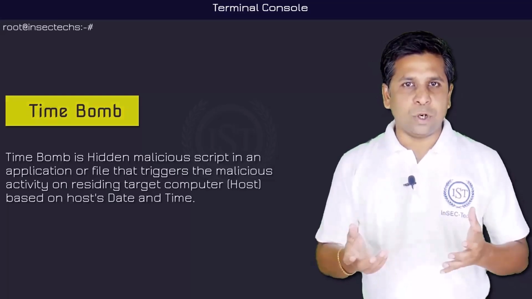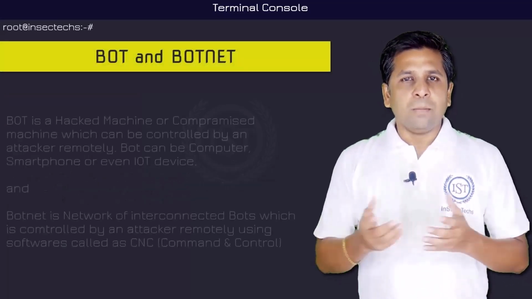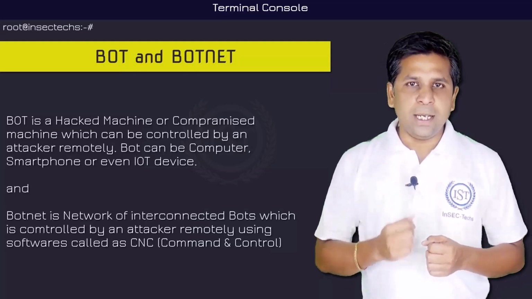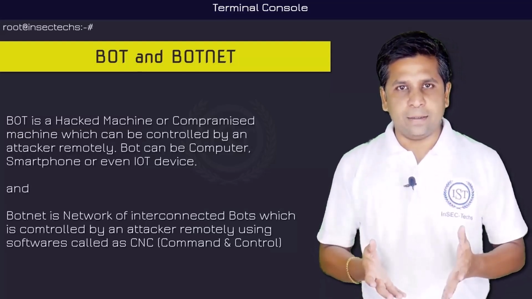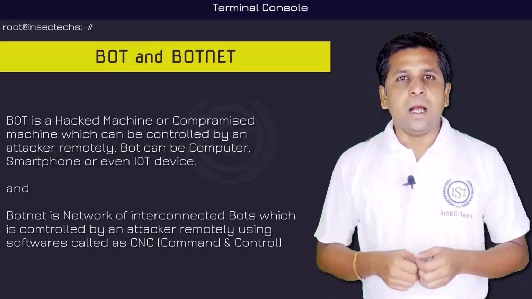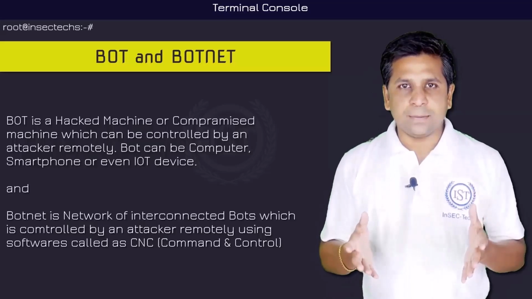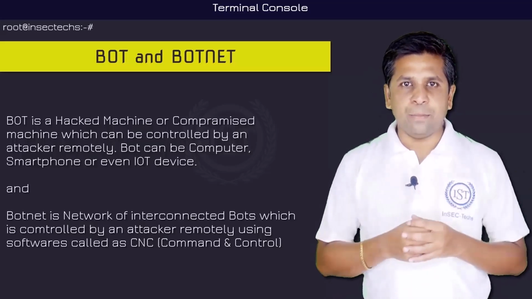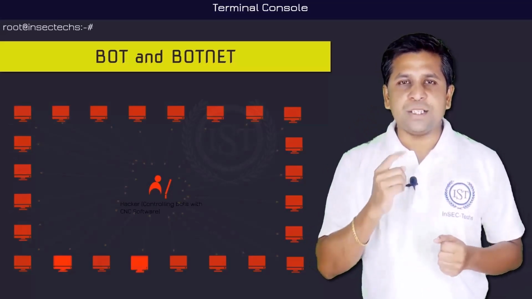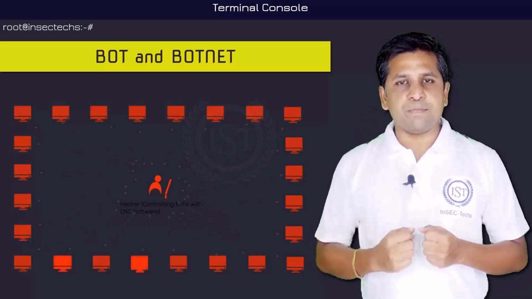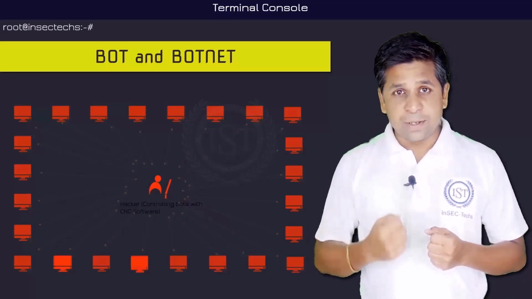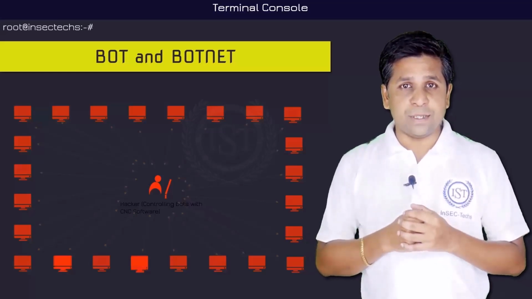Coming up next is a bot. What is a bot? A bot is simply a compromised or hacked computer that is remotely controlled by an attacker. It is simply like a zombie. Then what is a botnet? A botnet is a network of bots, a network of hacked computers. Basically, a botnet is a network of hacked computers used for malicious activities like sending spam mails or advertisements, or launching denial of service and distributed denial of service attacks.